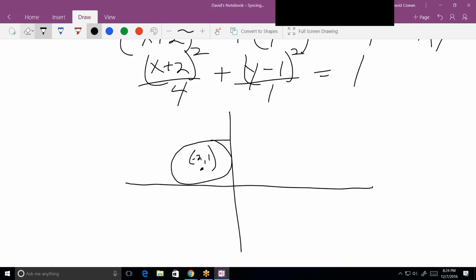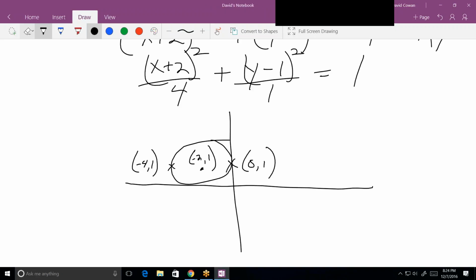Something like that. I won't draw a very good ellipse, but I think you know what I'm trying to do. What's this vertex right there? 0 comma 1. This vertex over here? Negative 4 comma 1.